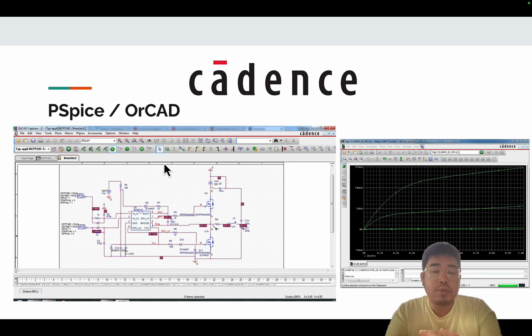I recommend this one if you're starting out or if you're an advanced user. PSpice and OrCAD is known as the industry standard. It is costly, and there is a free demo version with several features taken away. But I believe this is the industry standard, and people swear by it.